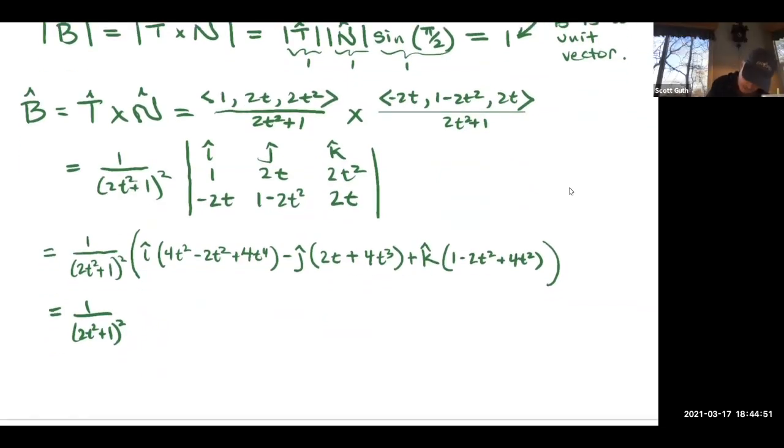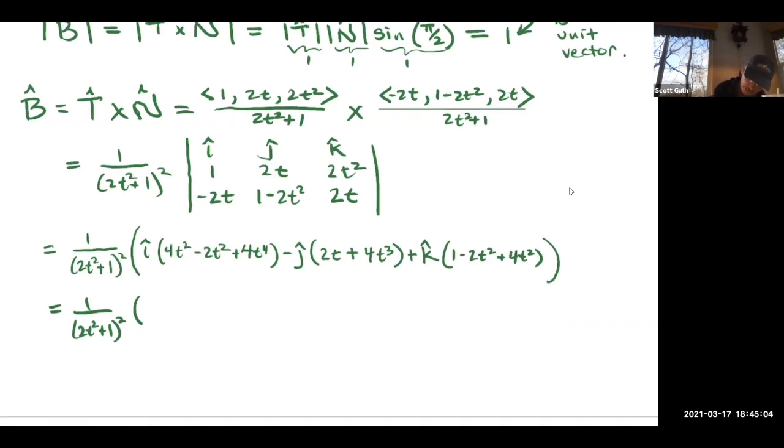Okay, so let's see if this cleans up here. So I got 4t squared minus 2t squared plus 4t to the fourth, so that's 2t squared plus 4t to the fourth. I think I can factor out a 2t squared. Actually, I'm just going to use the vector symbol brackets now. So I think I'm going to have a 2t squared times (2t squared plus 1), comma.